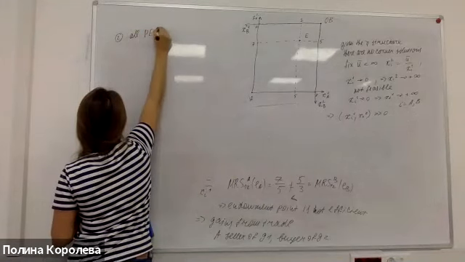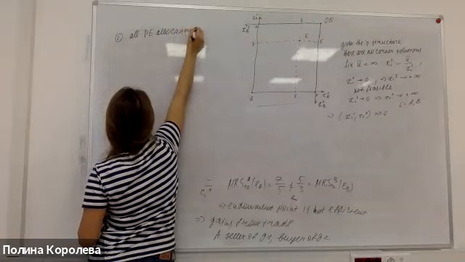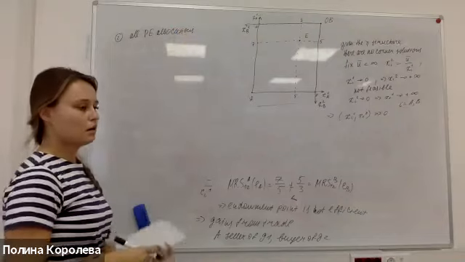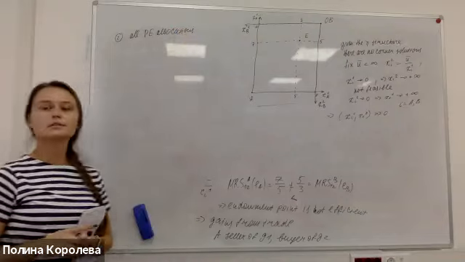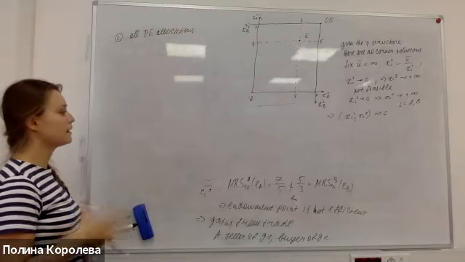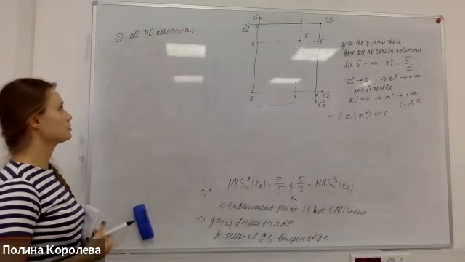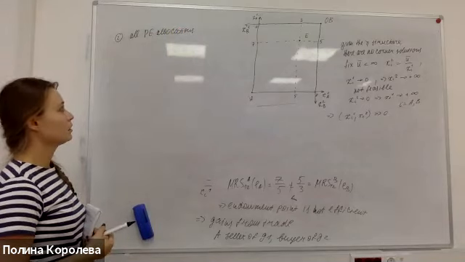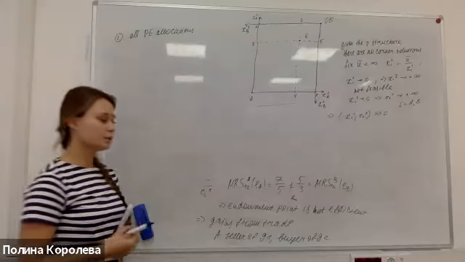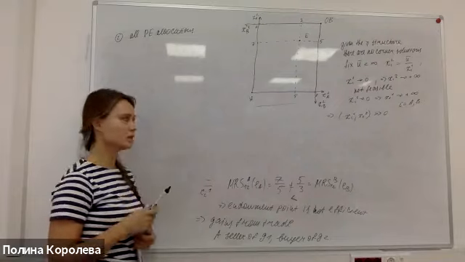All Pareto efficient allocations. Who decides how to allocate resources, how to allocate goods efficiently without prices? Without prices, it's the social planner who does it.